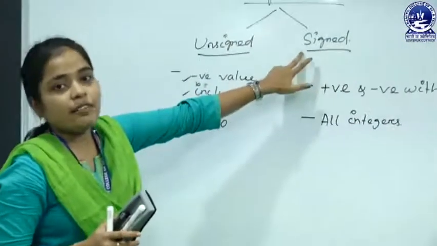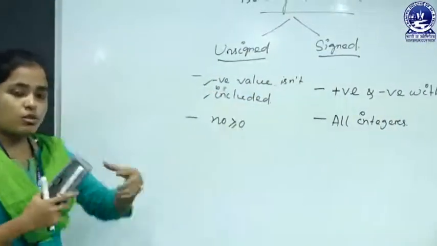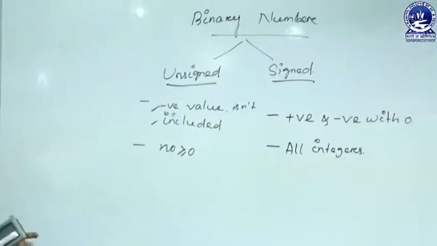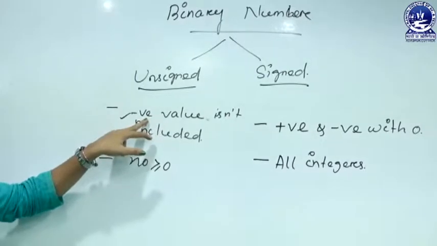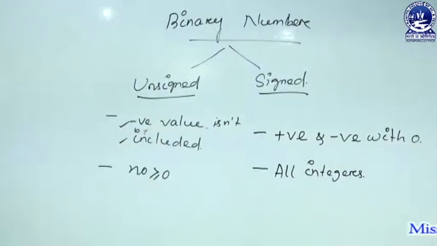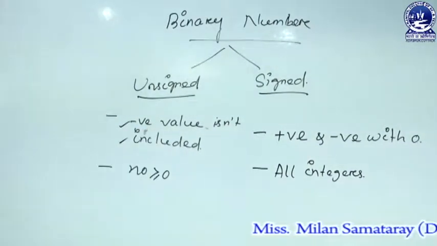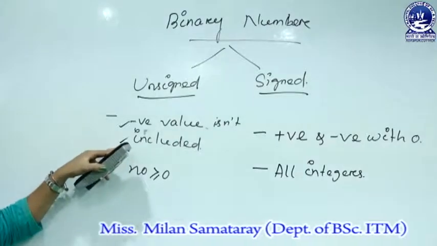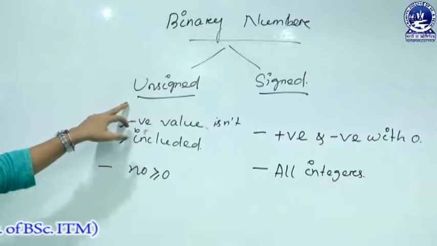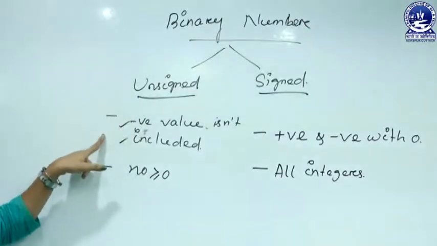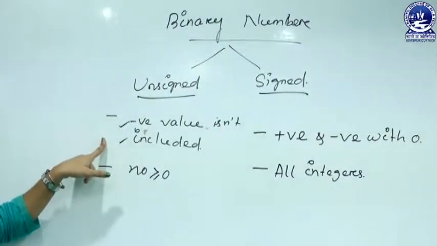So, to represent our body temperature we will prefer the signed value, but there are also certain values which cannot be negative, like the age of a person or your date of birth. For these types of values we will prefer unsigned, which always contains positive values only, no negative values.